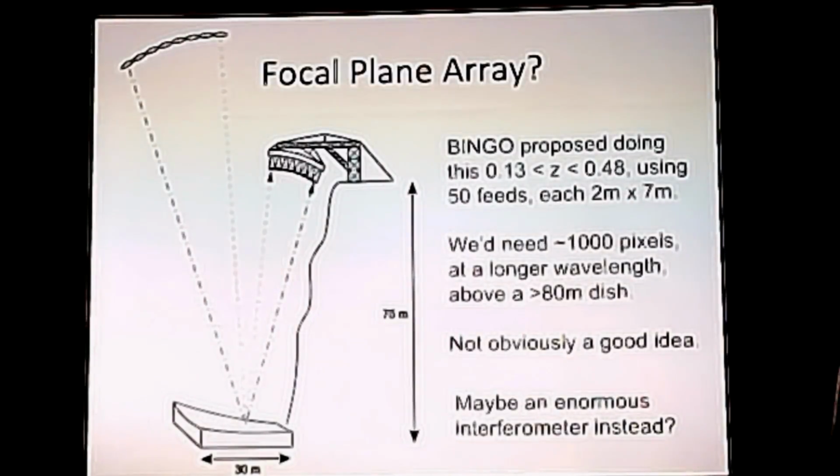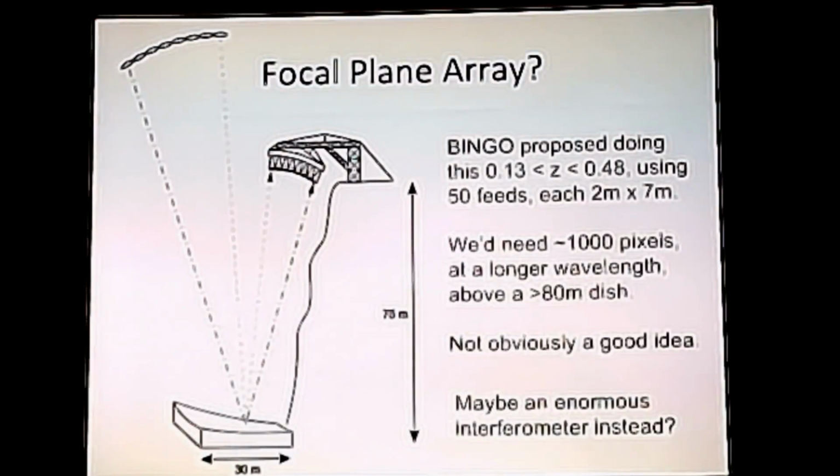One thing that some people proposed, a group out of the UK called Bingo, was building a focal plane array. So this is how optical telescopes work. You don't just have one pixel at the center of your dish. That would be a terrible way of taking pictures. You have megapixels or gigapixels. In radio, that's harder because we're not dealing with several hundred nanometer wavelength light. We're dealing with meter wavelength light, which means you need a much bigger focal plane.